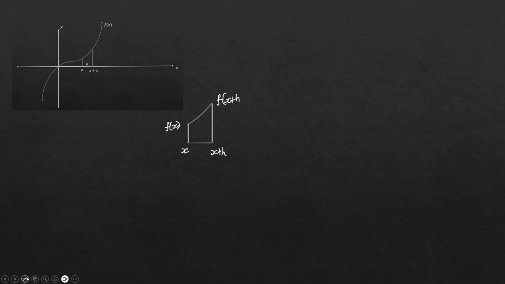So what we have here is actually two little areas to compare. If I rub this out real quick, we can compare the first area, where the height is f of x and the base is h. And now we've got this scenario where we include the top bit, where the height is f of x plus h and the base is h.